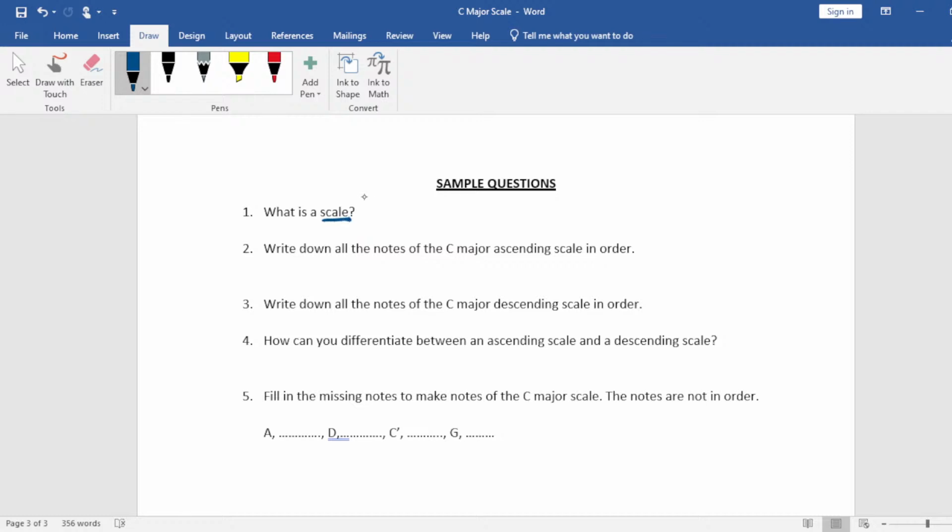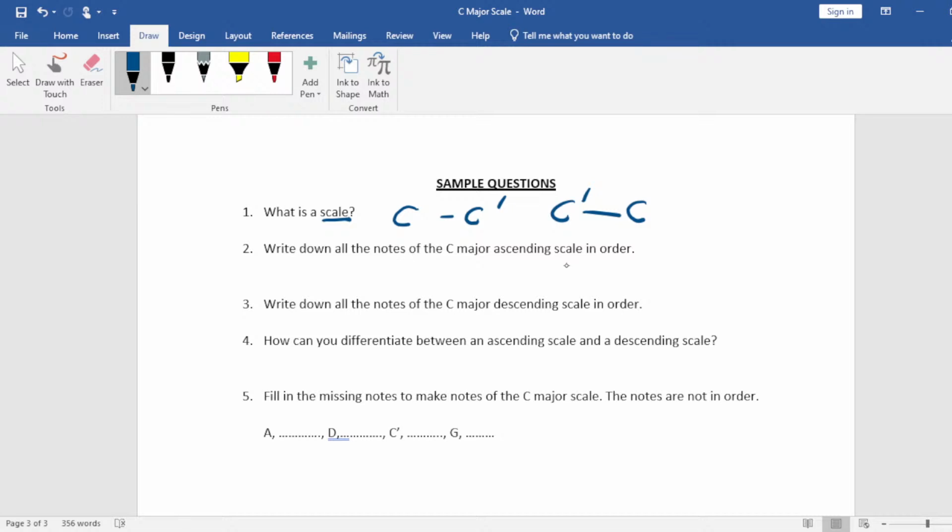Do not forget that it is a series of notes which start and end with the same letter note. For example, it starts at C and ends at high C, or it could start at high C and end at C. So instead of specifying, just say it starts and ends with the same letter note.